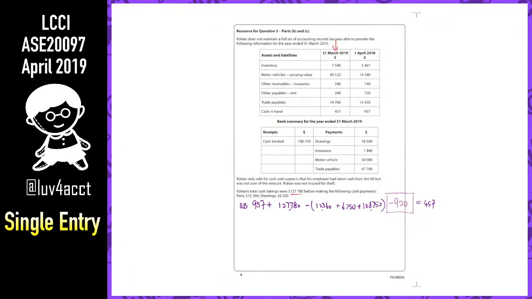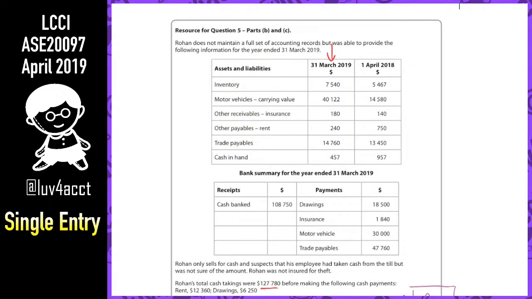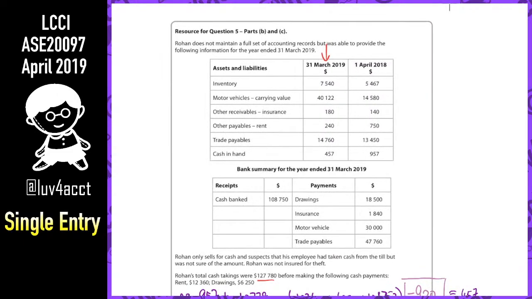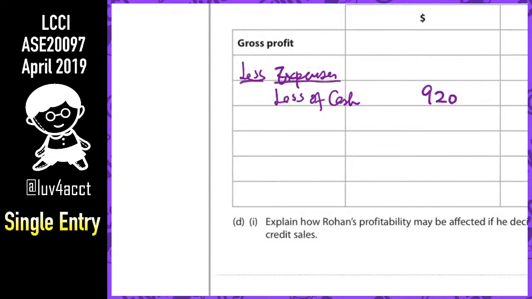We have different expenses, like, first of all, insurance, rent.